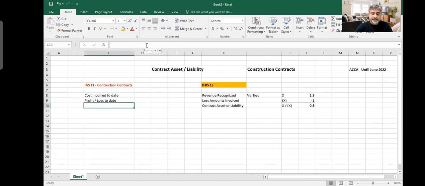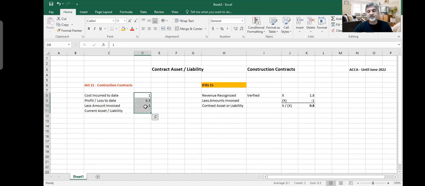And then you say less amount invoiced, the same as before. That results in your contract asset or contract liability. So my cost incurred to date is 1 million, my profit is 0.3 million, I have already invoiced 1 million, and the net result is a contract asset of 0.3 million.